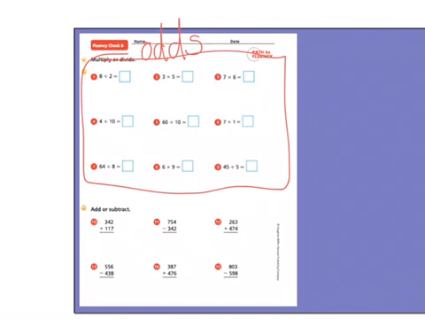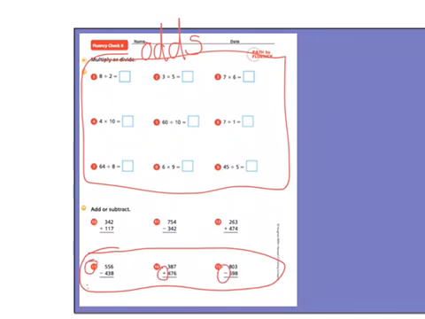And at the bottom here, I would like you to just do these 3 for some review. So you have a subtraction problem right here, you have adding, and another subtract. When you have finished this page in your workbook, please take a picture of it and post it on Seesaw so I can see your work.